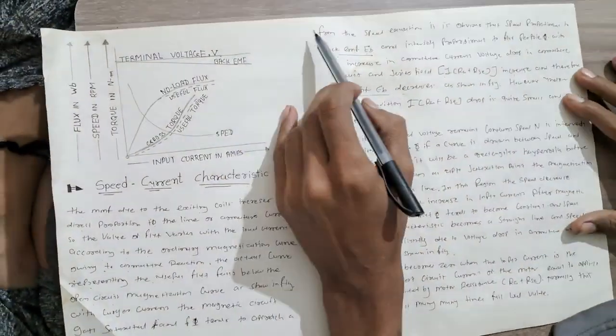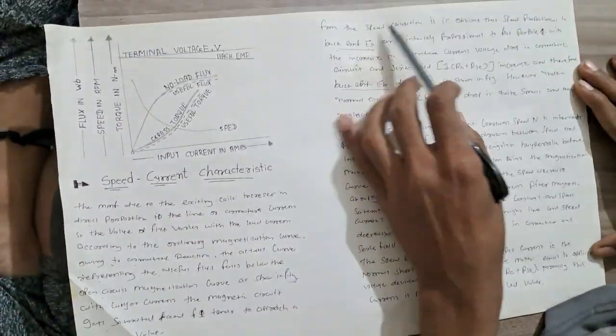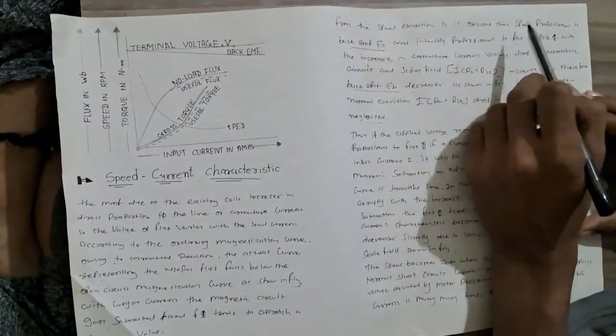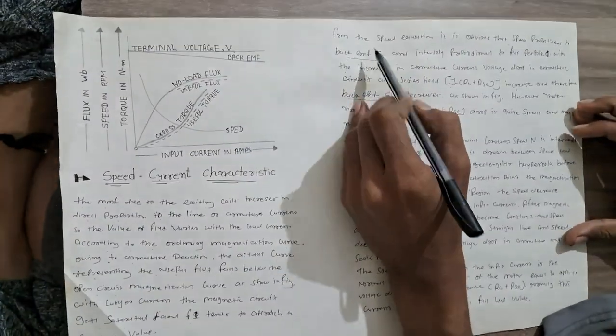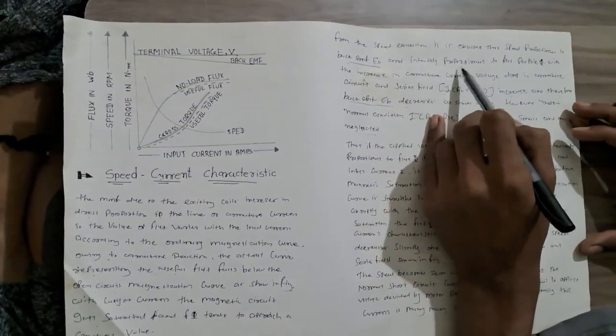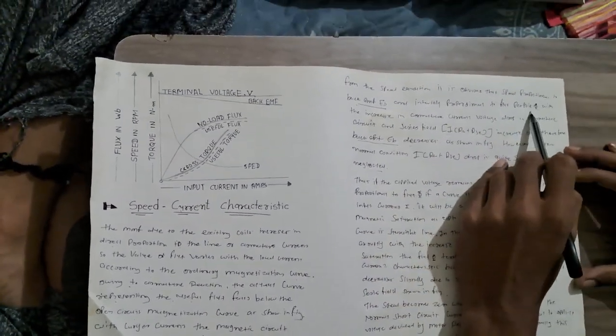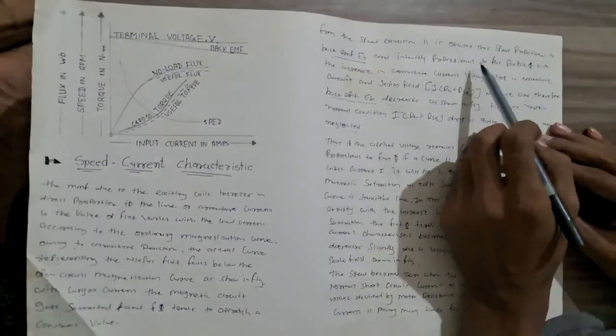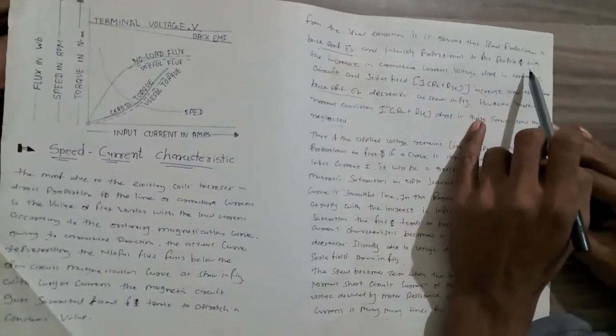I repeat this from the speed equation. It is obvious that speed is proportional to the back EMF Eb and inversely proportional to the flux per pole.